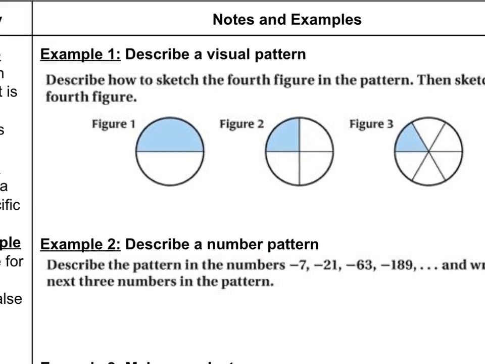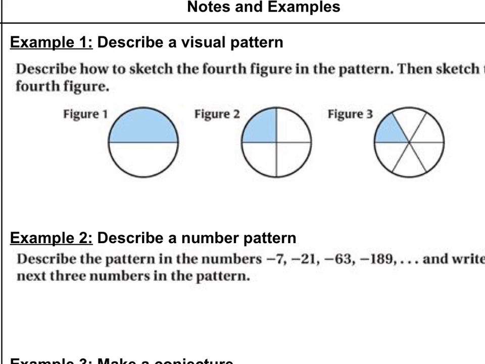Let's just start with a visual pattern. When we look at these figures, we want to describe how to sketch the fourth figure, and then sketch it. Just look at what we see: a circle, a line through it, and the upper half is shaded in. In the next one, we go from 2 parts to 4 parts.